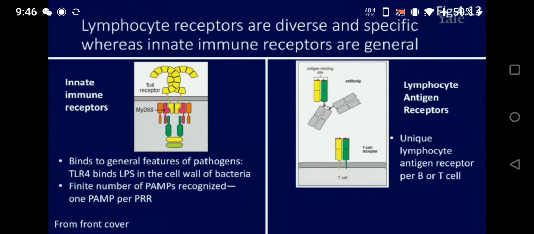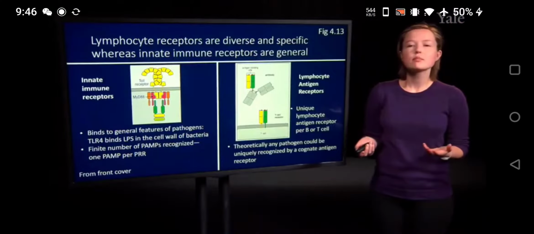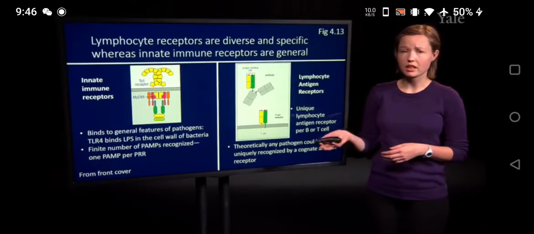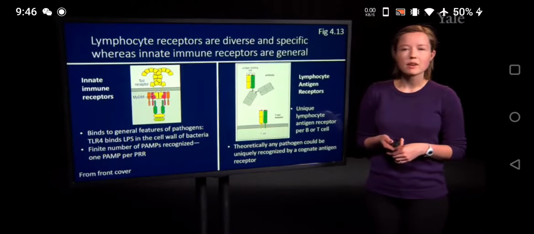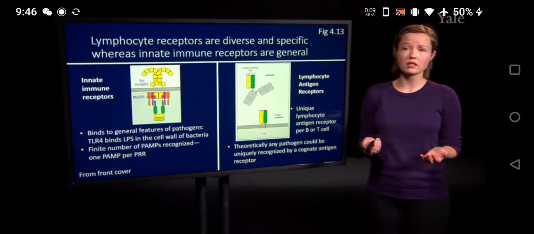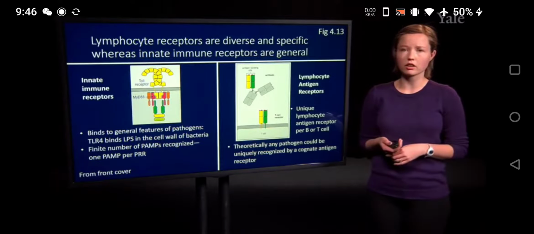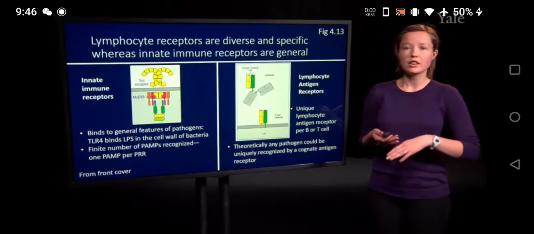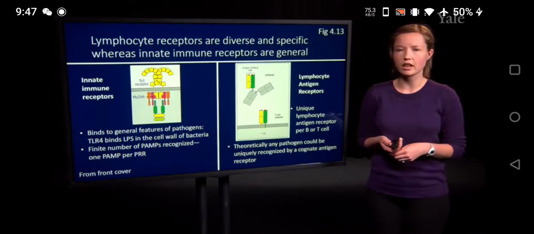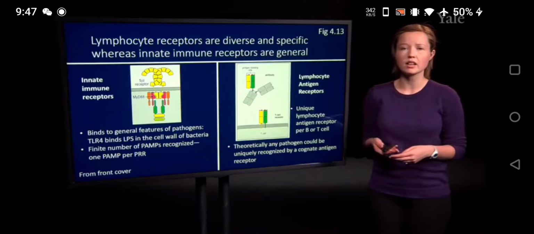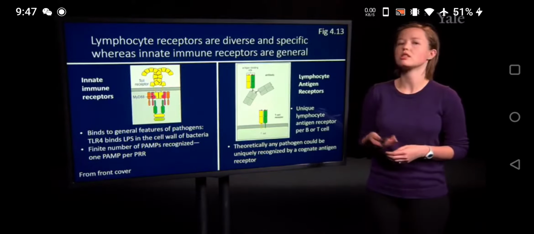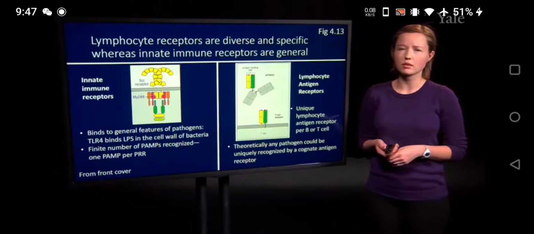So what's important here in differentiating the adaptive immune system from the innate immune system is this specificity allows the adaptive immune system to essentially respond to any pathogen that could be incurred by the host. So there's just this wide array of diversity, and we'll explain how this diversity is generated, but just taking a moment to appreciate that the adaptive immune system is very diverse and very specific, which differs from that of the innate immune system, which you've talked about in a previous lecture.